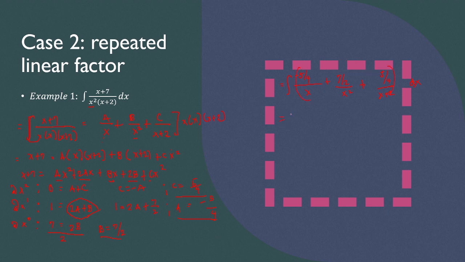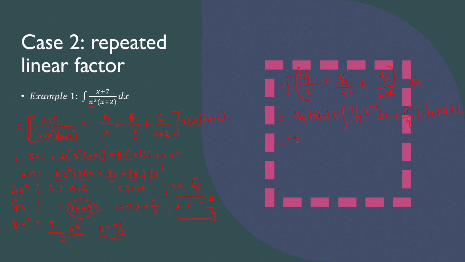So this is negative 5/4 ln of x. Let's integrate this one first. Plus 7/2 x to the power of negative 2 dx plus 5/4 ln of x plus 2 plus c.